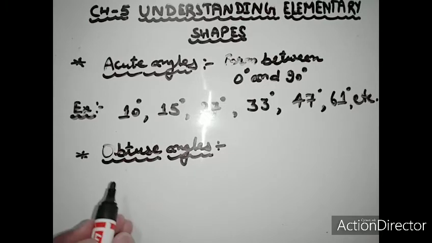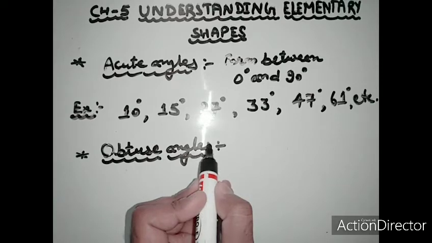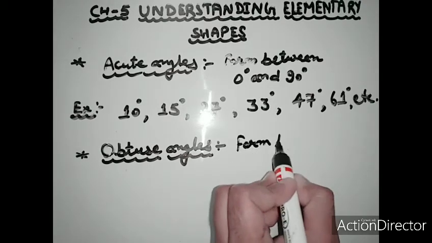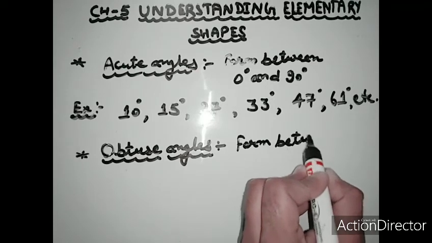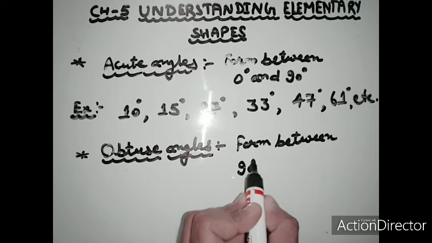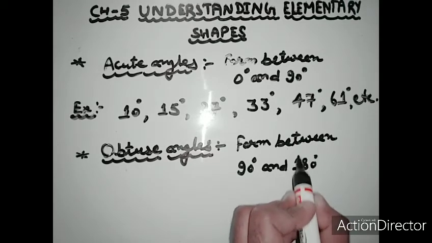Now here we discuss obtuse angle. What are the obtuse angles? So obtuse angles are those angles which form between 90 degree and 180 degree, right?